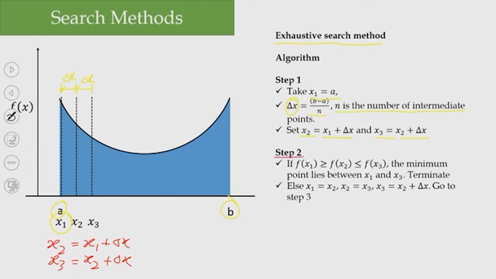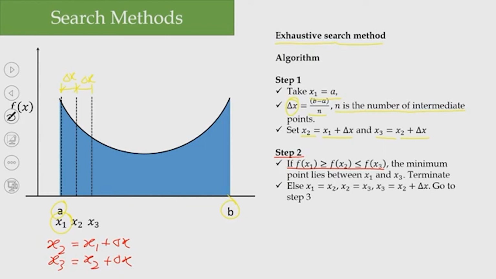Then in step 2, we check these conditions: whether f of x1 is greater than or equal to f of x2, and f of x3 is greater than or equal to f of x2.